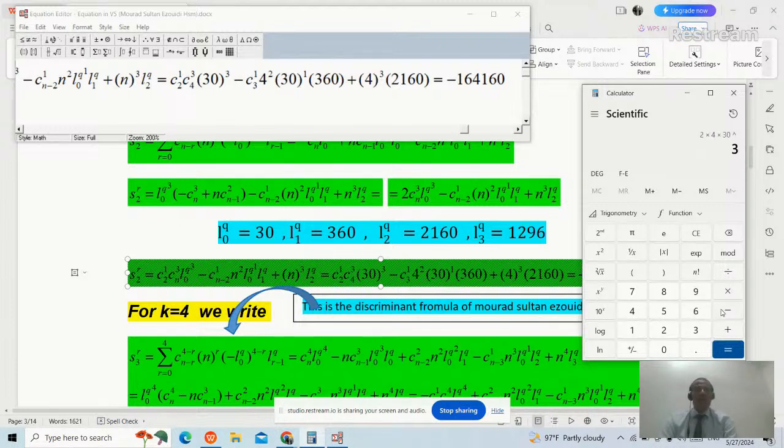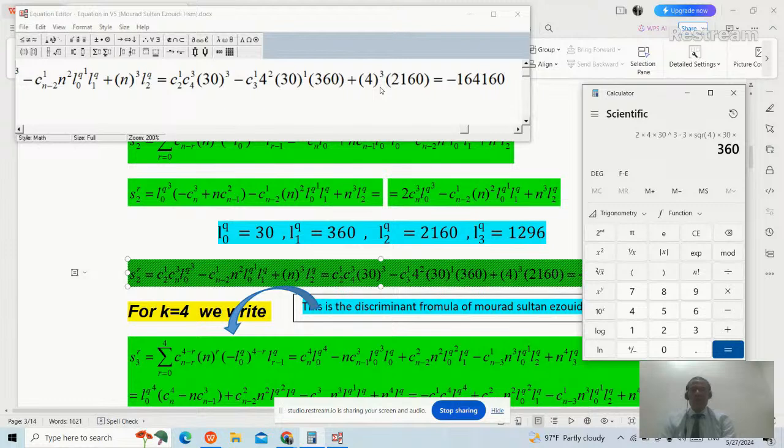Then minus, learners, you can see 3 times 4 squared times 30 times 360, so minus 3 times 16, meaning 4 squared, times 30 times 360. Good man. Plus the last term is 4 cubed.